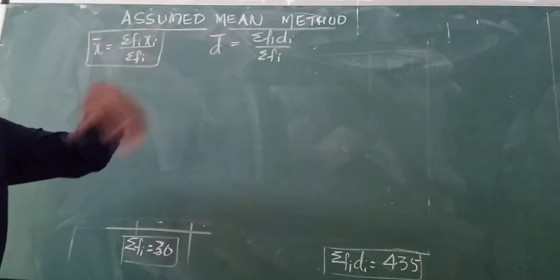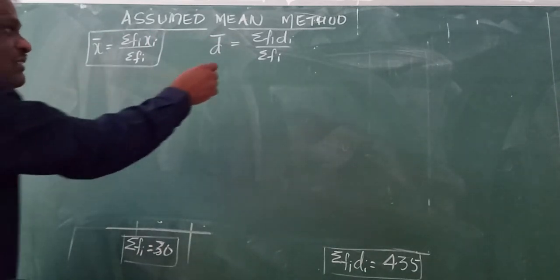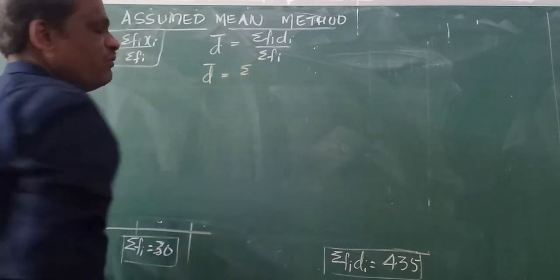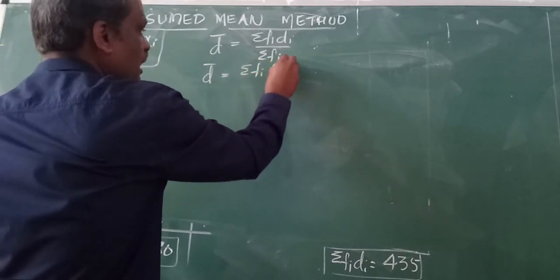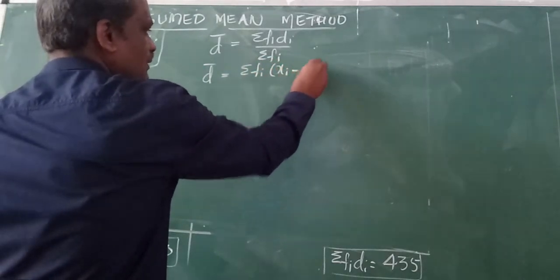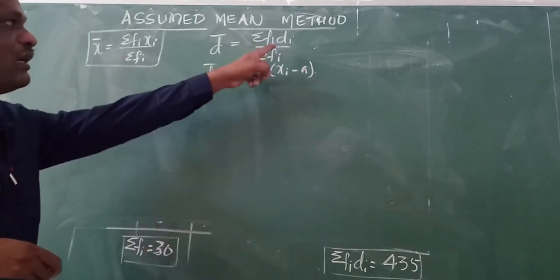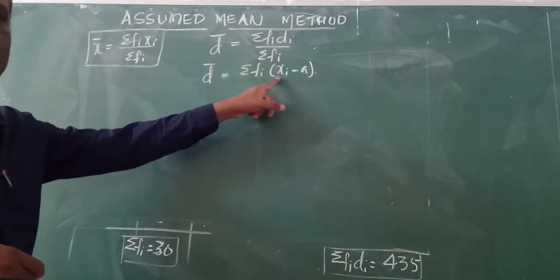X is replaced by d, because we are finding deviations. What is deviation? Di is xi minus a. How did we calculate deviation? By subtracting the assumed mean value from each class mark.